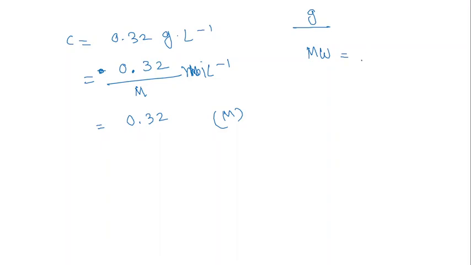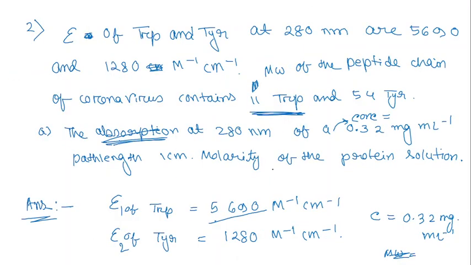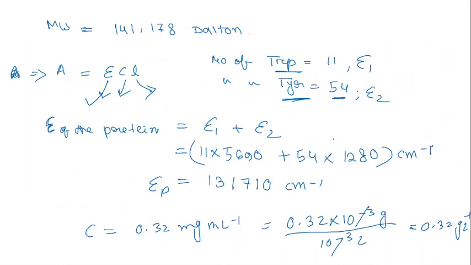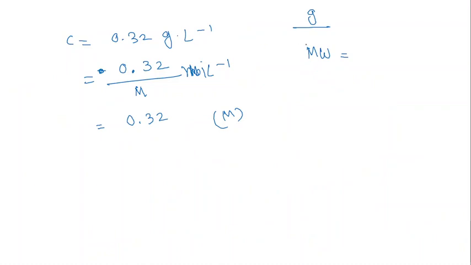They gave it in Dalton, 141,178 Dalton. Dalton we have to transfer into gram per mole. So 0.32 gram per liter divided by 141,178 gram per mole.